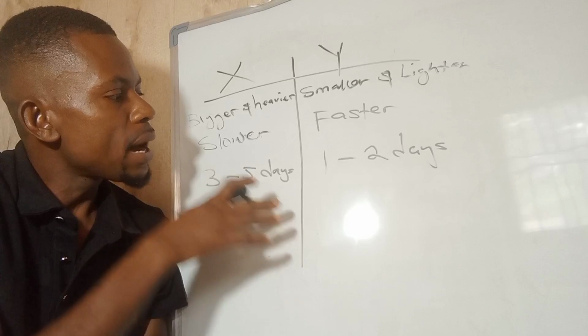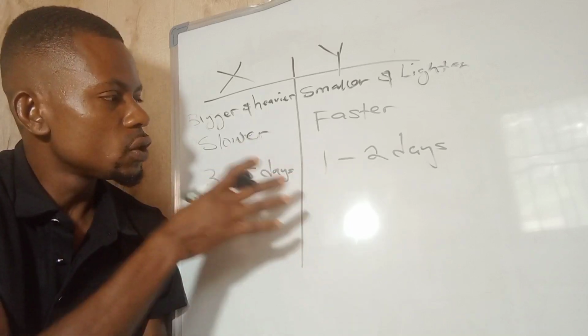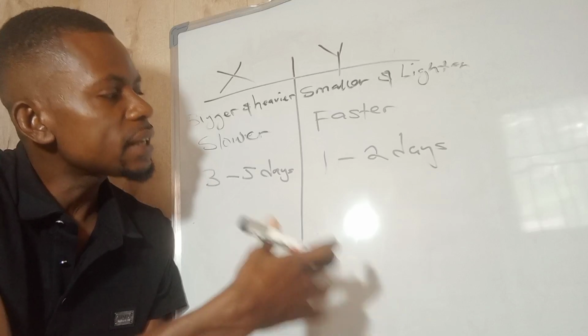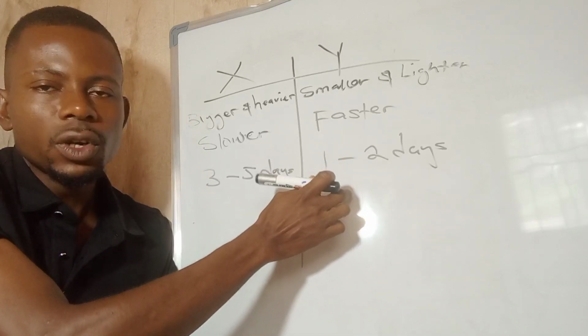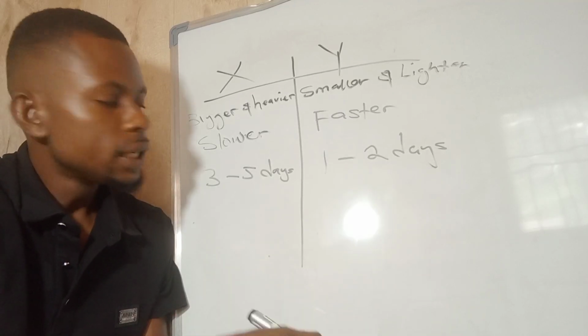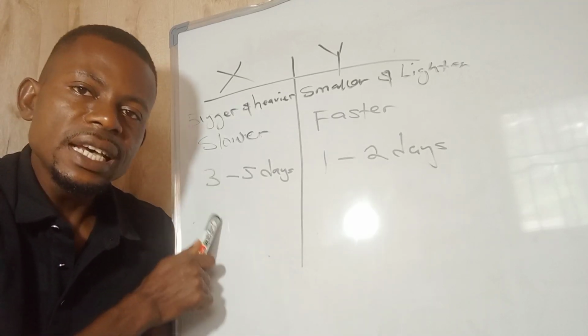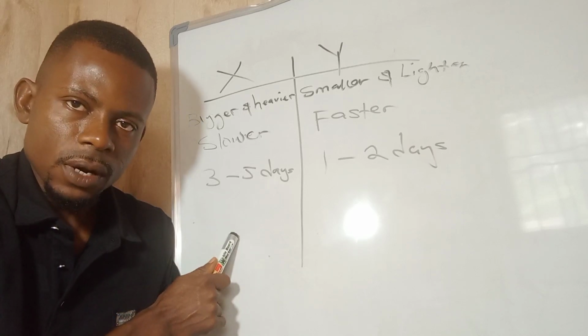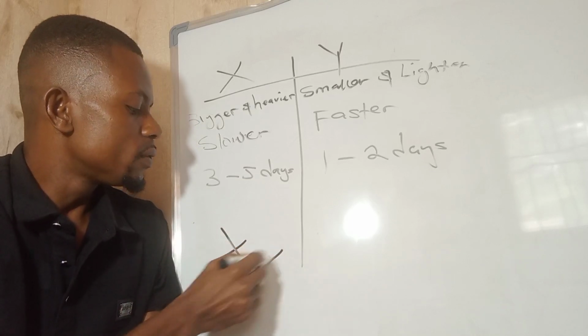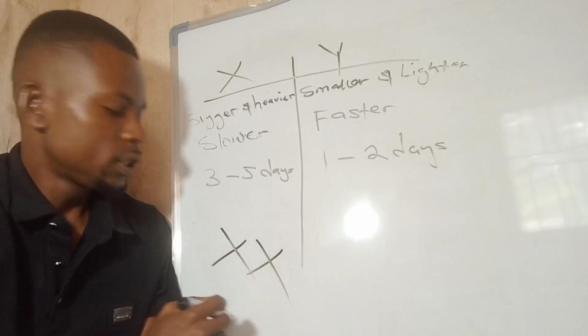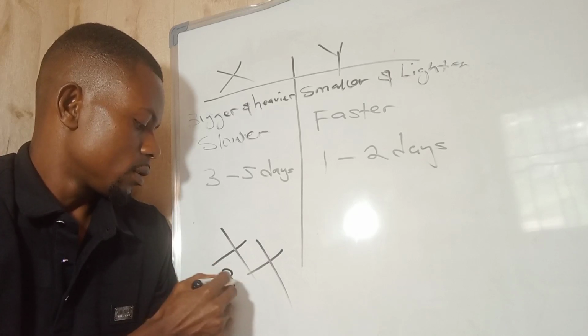After 3 to 5 days, those ones will be dead. So by the time you ovulate, the egg will be meeting the sperm cells containing the X chromosome. And then one of those sperm cells will fertilize the egg to give you XX, which is a baby girl.